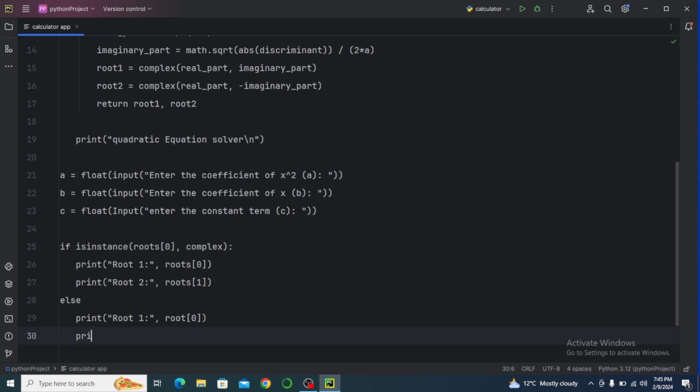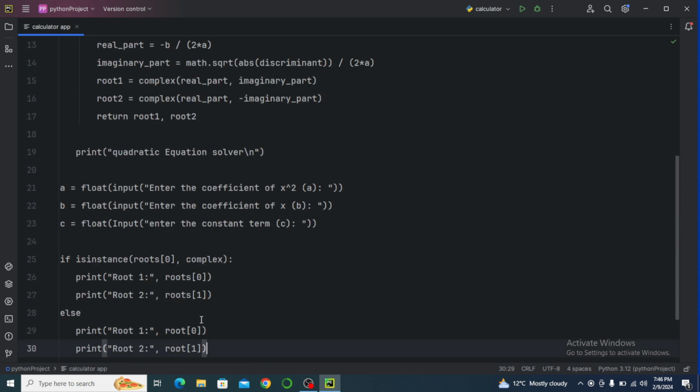Then print root 2, root of root 2, then root of 1. Yes, so we're done with our code, I think.